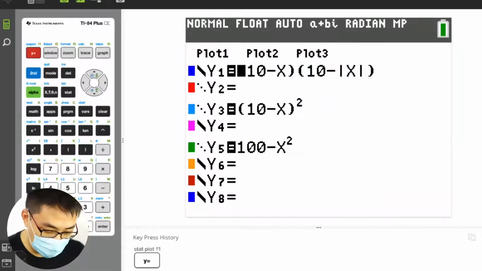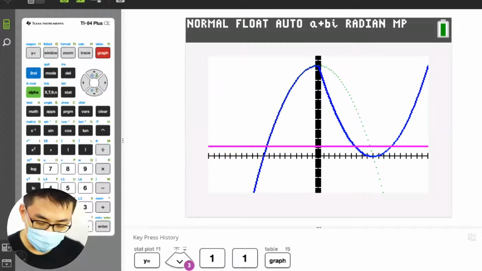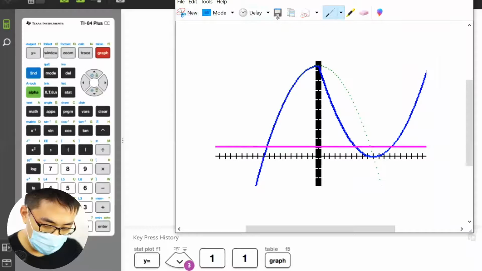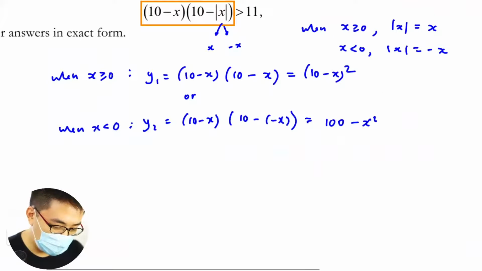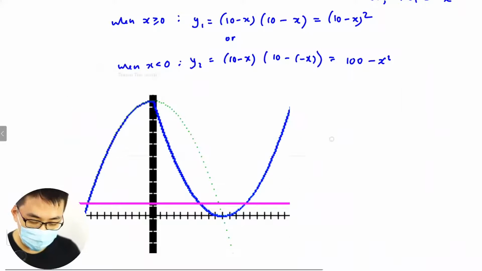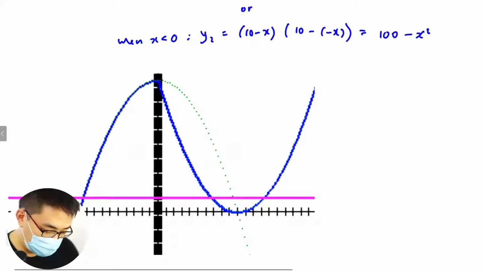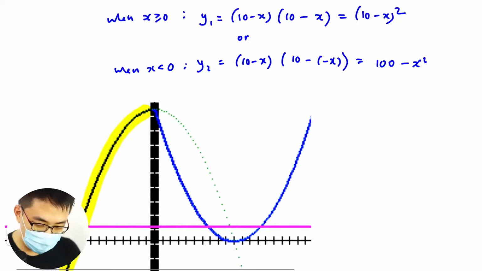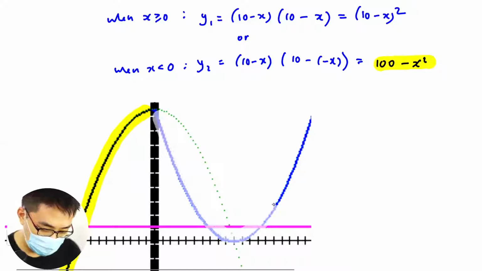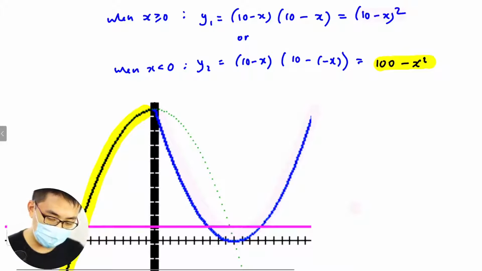So you draw a y equals to 11 line here. Then you know that you need to solve this. This is what you're going to solve. Okay, so with the graph, you can actually see what's going on. This equation here is this equation here. This equation here is this equation here.